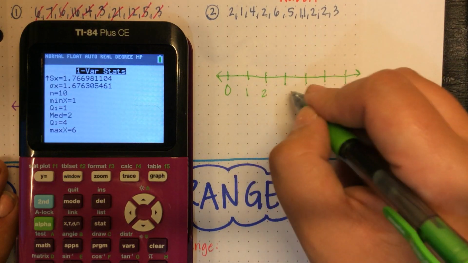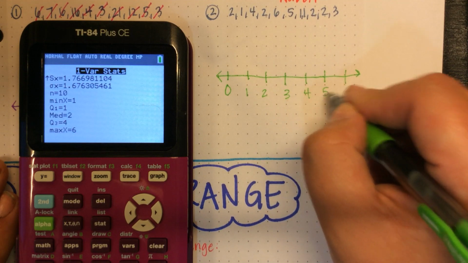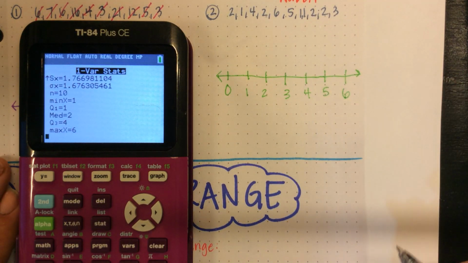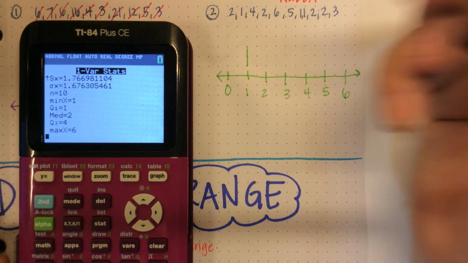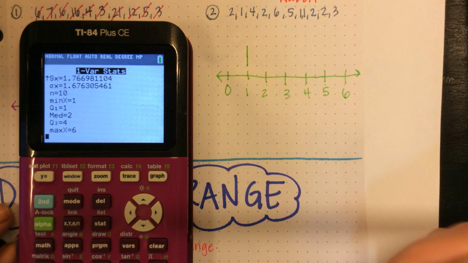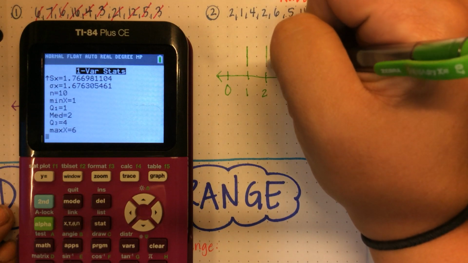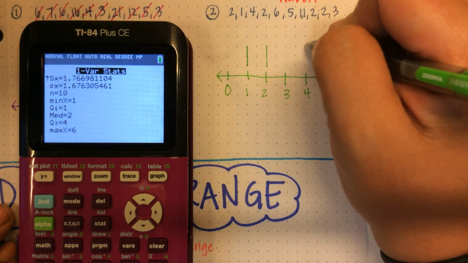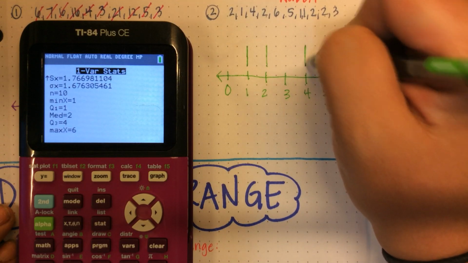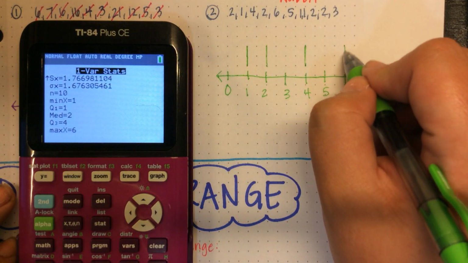All right, and I'll label them. All right, my minimum is at 1, but so is my first quartile. So I don't have any other lines to write there. My median is at 2, all right, and then my third quartile is at 4, and my max is 6.